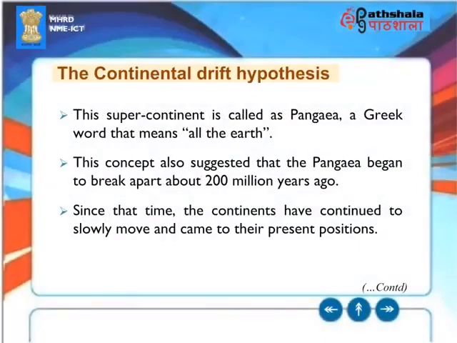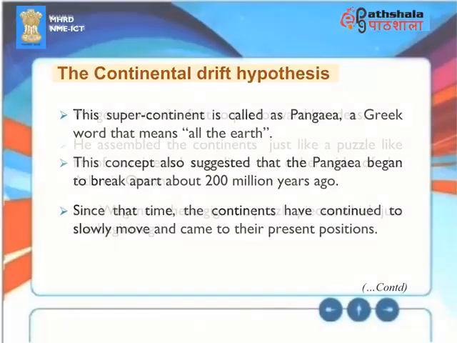This supercontinent is called Pangaea, a Greek word that means all the earth. The concept also suggested that Pangaea began to break apart about 200 million years ago. Since that time, the continents have continued to slowly move and came to their present positions.